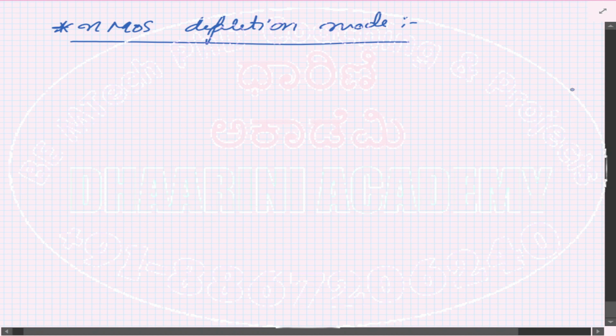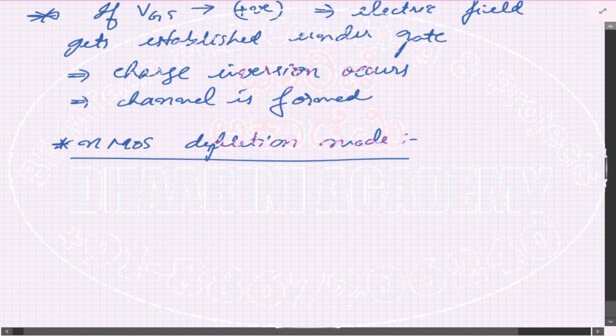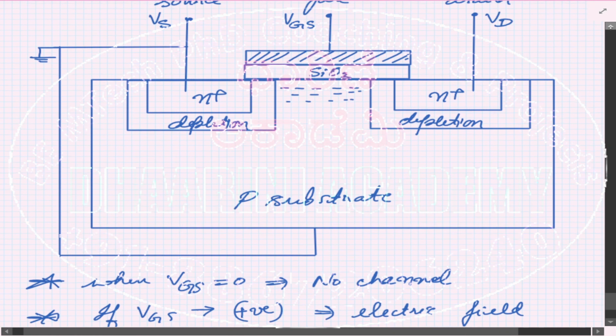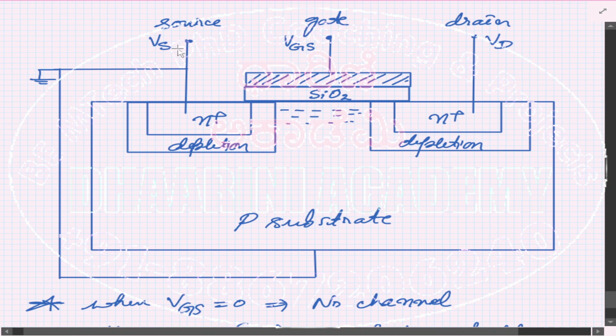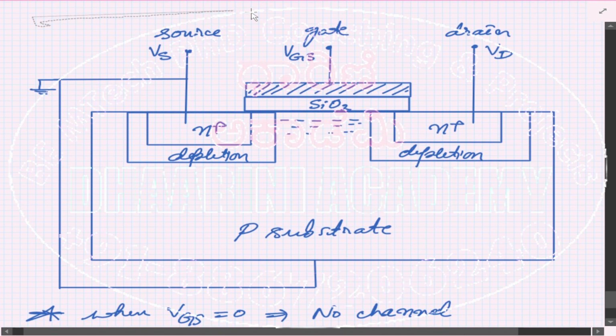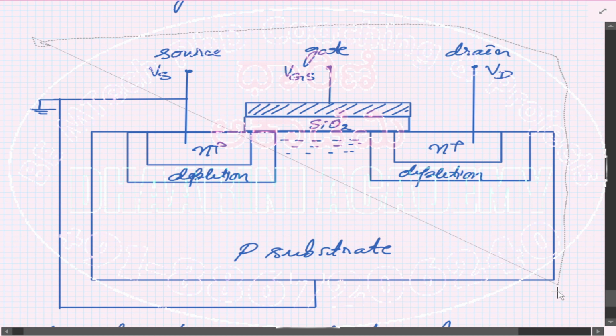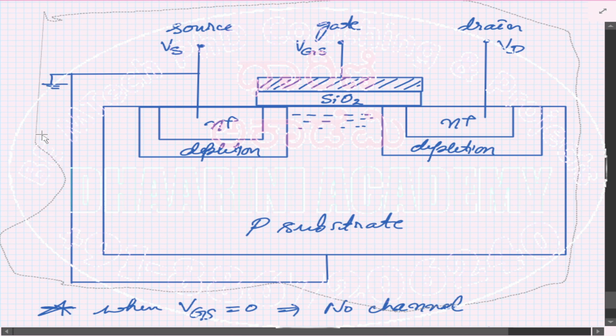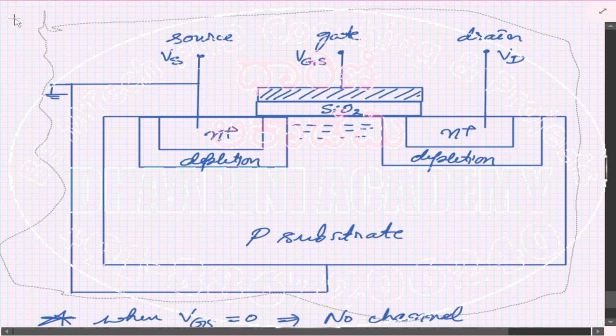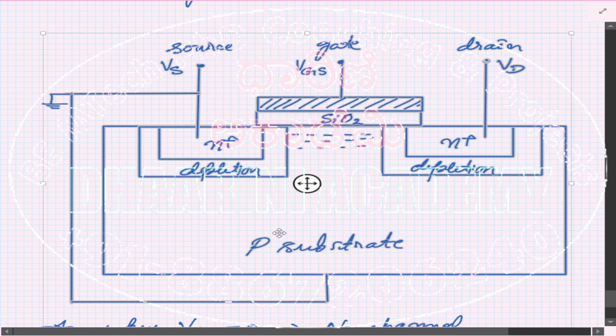So I'll just copy the same diagram and make sure that you will be having a channel. Whenever you build the source and drain inside the MOSFET, during that time itself you build the channel.